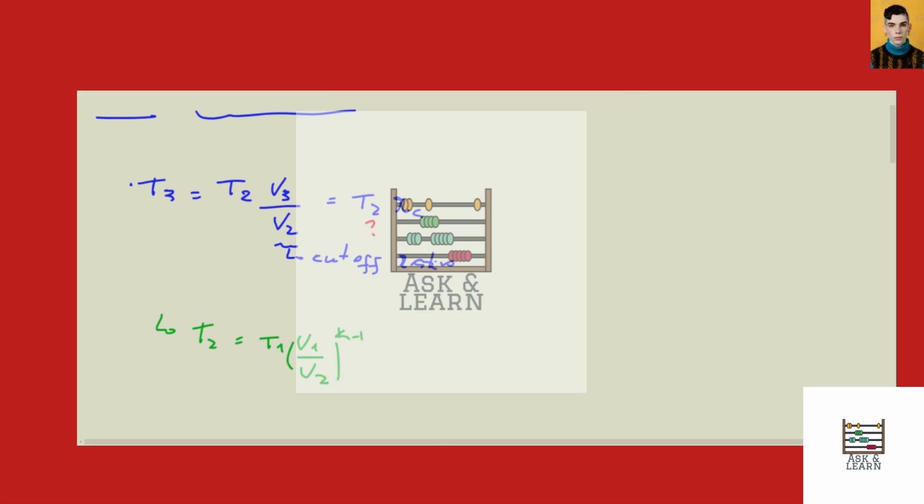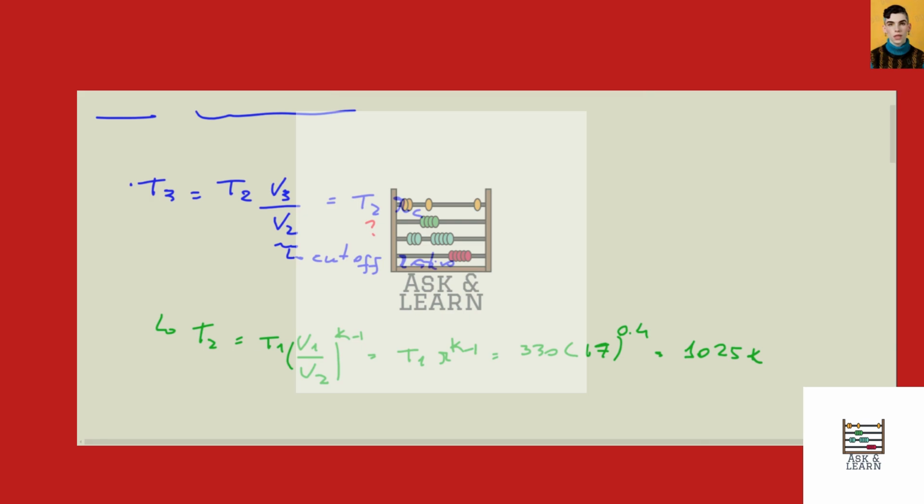And V1 divided by V2 is just the compression ratio. So this is T1 Rk minus 1, which is going to be 330 multiplied by 17 to the power of 0.4. Calculating this, we find that the temperature T2 is just 1025 Kelvin.